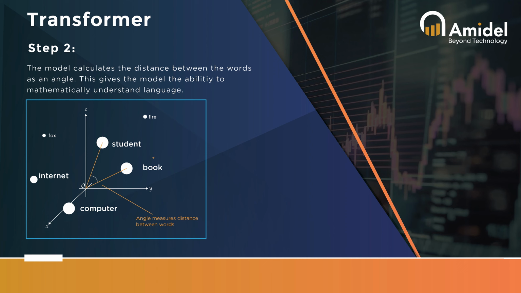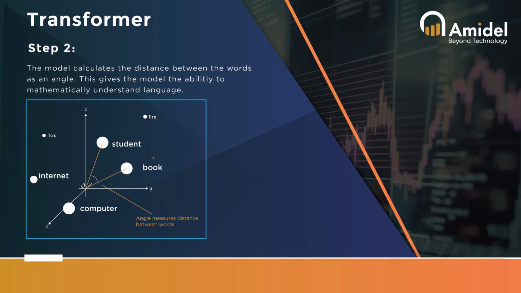The distance between student and book is much closer than the distance between student and fox or student and fire. So when we're predicting what next word to give Tabo or Nomsa in the response, we know that student and book are likely going to be together. And if we get fire, then that's a very wild response.